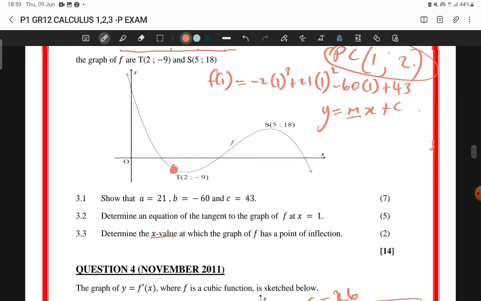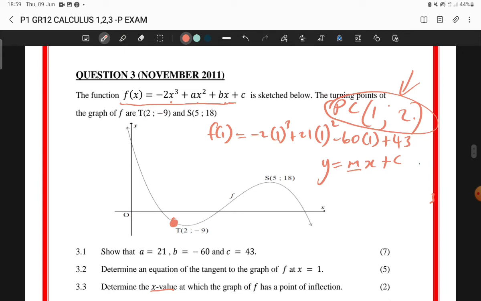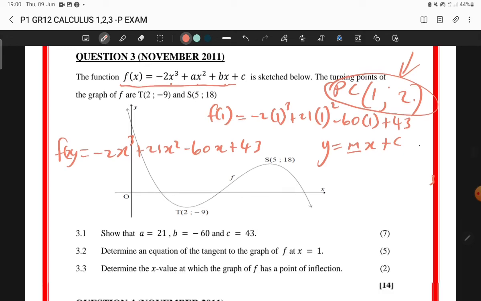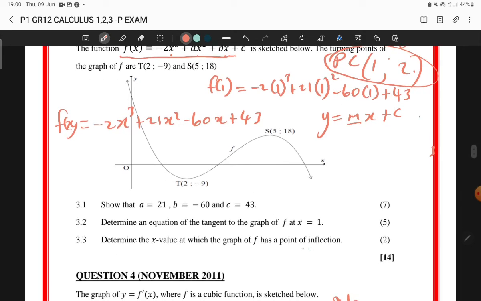You will remember that when you have this function, f of x is equal to negative 2x cubed plus 21x squared minus 60x plus 43. Now the point of inflection is found by finding the second derivative, and we came up with the formula which says x is equal to minus b over 3a.